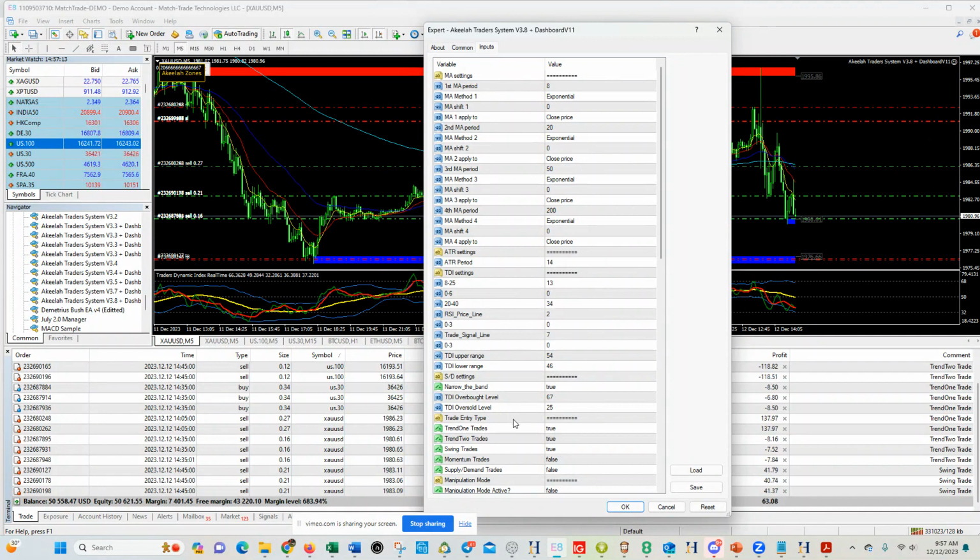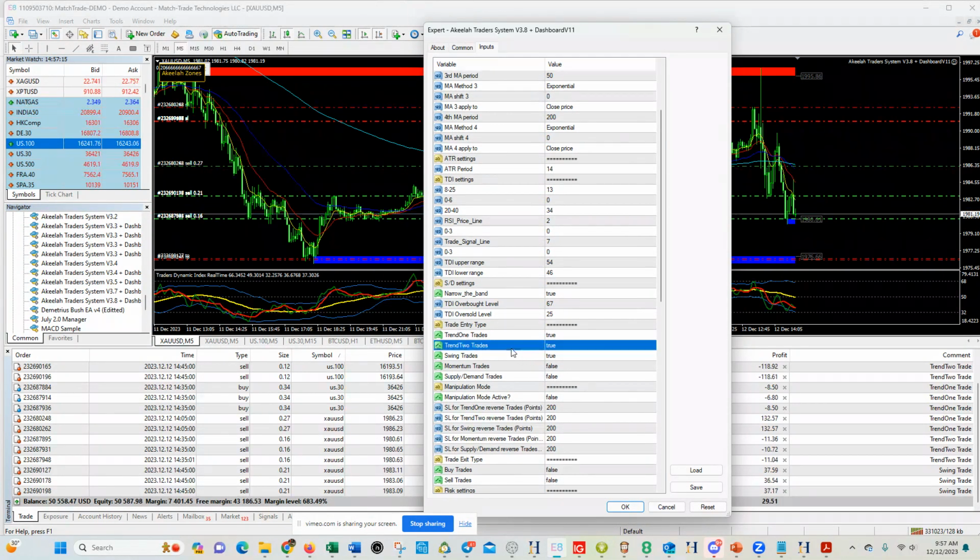We're running our primary strategies: our trend one trade, our trend two, and our swing. Those are three trend-based strategies, designed to look for moves in the market when the market initially starts to go in one direction or the other.